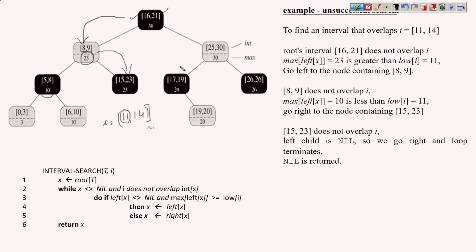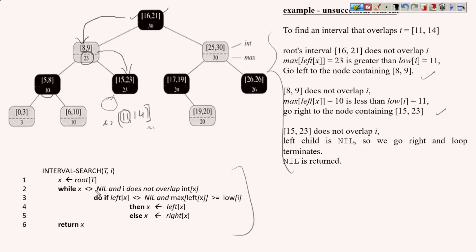15, 23. All the steps you can also read from here. I think you can just read this algorithm, and the steps that we are doing are mentioned here. I am showing you here how it is going to work. So now this is again 11, 14 and 15, 23. They are not overlapping intervals. So now you will be searching to the left.